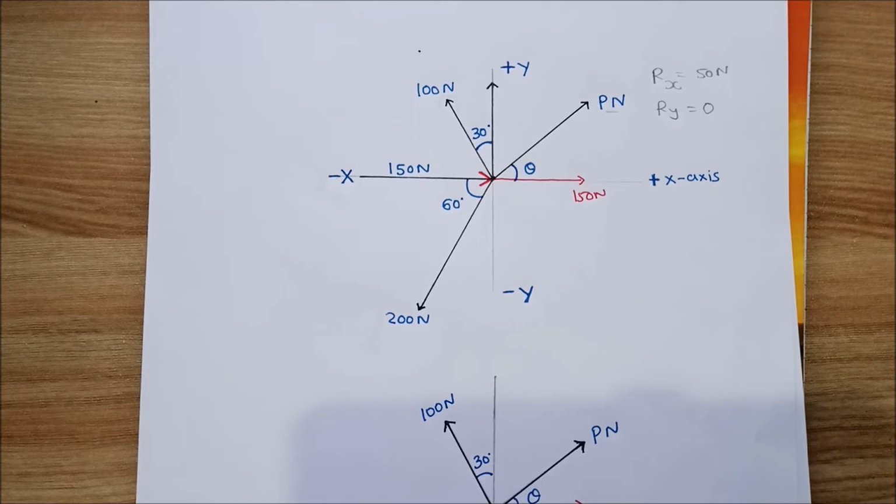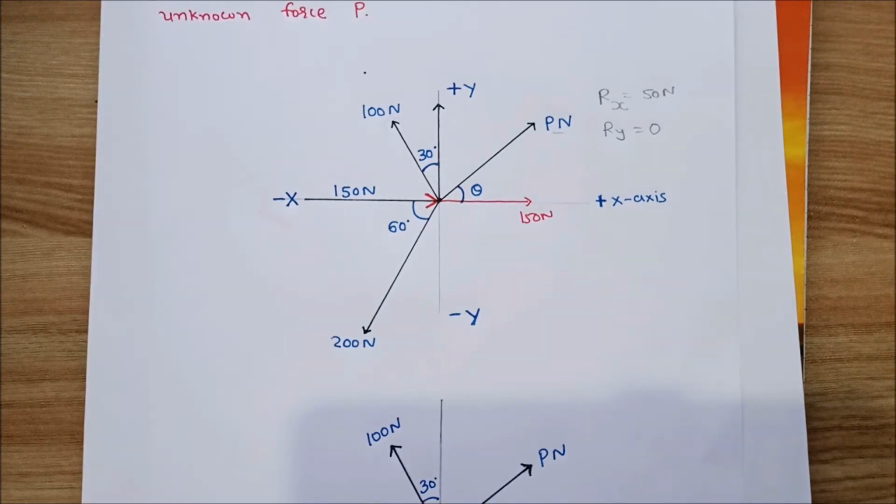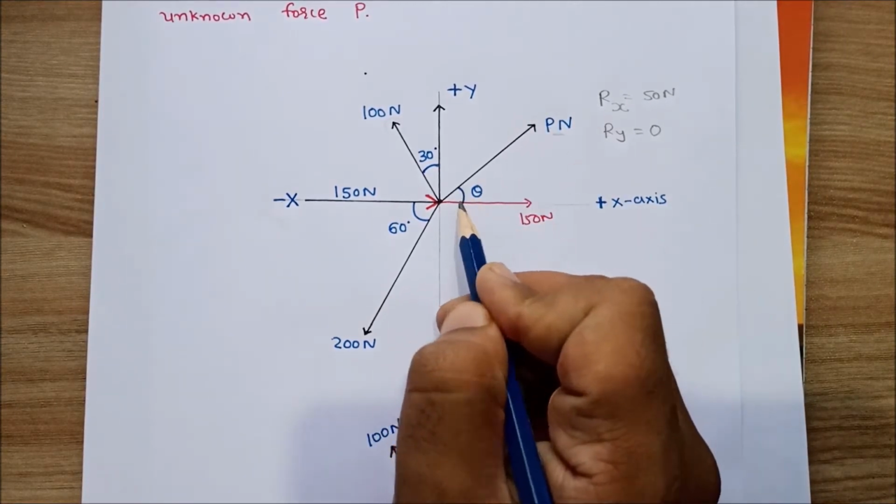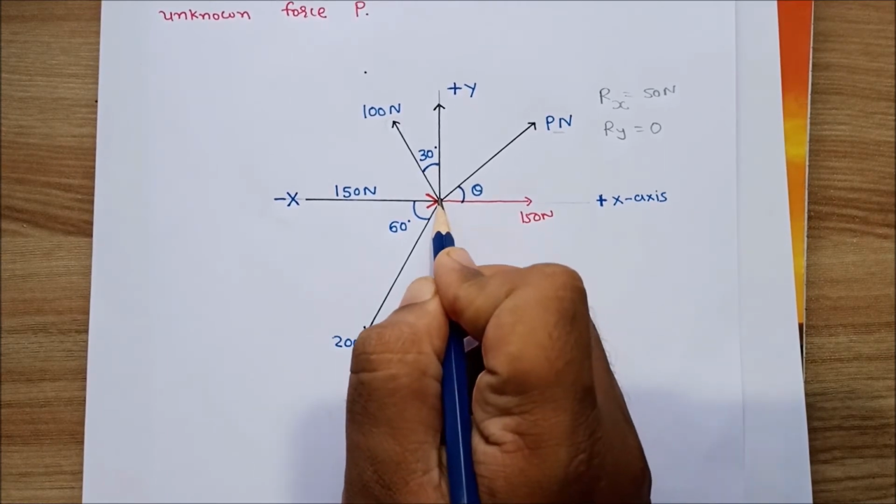In the second step, whenever there is an inclined force, we divide this force into two components, a horizontal component and a vertical component. How to divide an inclined force into components? This is a very easy method. Suppose the P Newton force acts at an angle theta from this point.